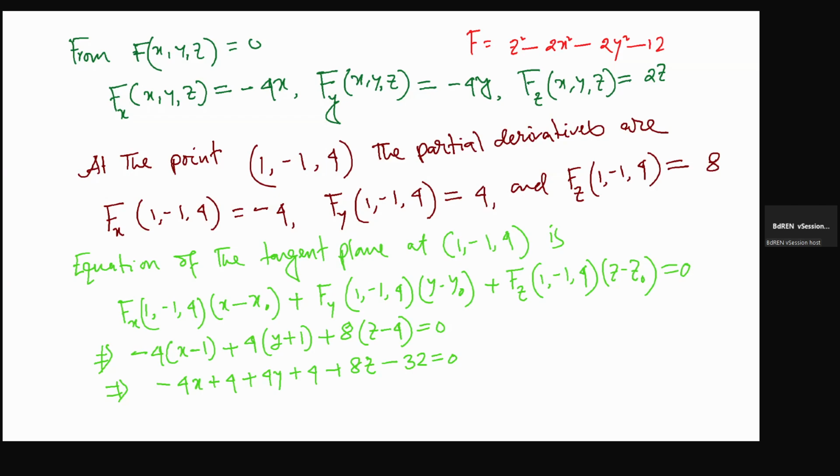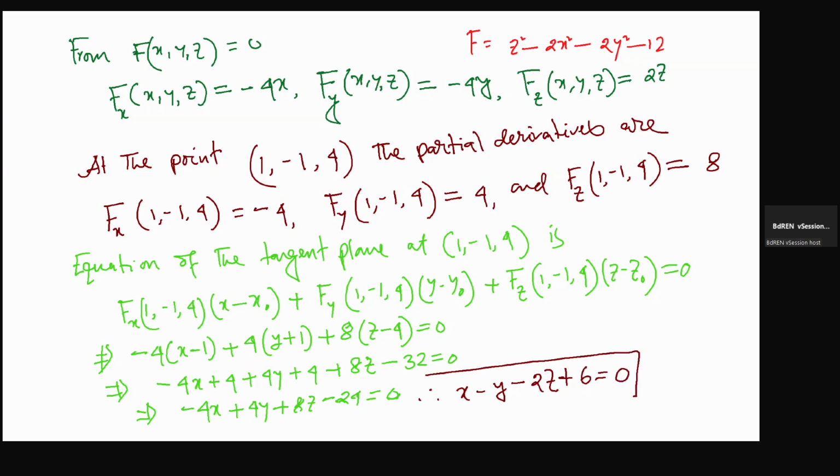Finally we get minus 4x plus 4y plus 8z minus 24 equal to 0. So the required equation is x minus y minus twice z plus 6 equal to 0. This is the equation of the tangent plane.